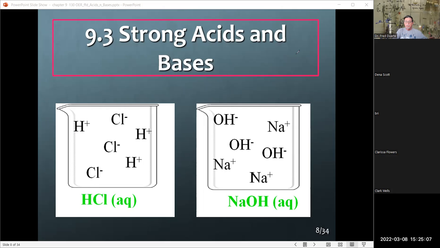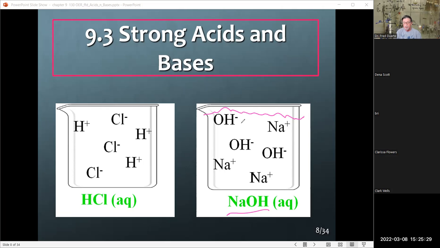The one on the right depicts a strong base, because sodium hydroxide is classified as being soluble. Literally all of the sodium hydroxide that was together before we put it in the water, which, because it is a solid, we put it in the water and it completely dissociates.